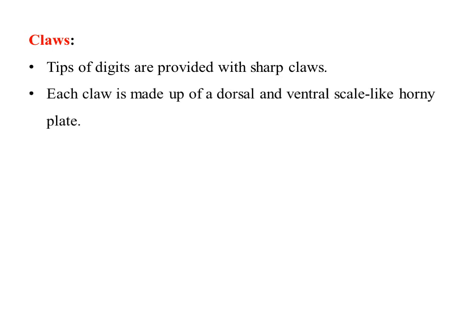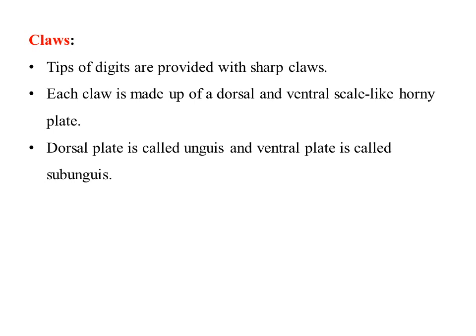And next one is the claws. The claws are present at the tip of the fingers, that is the digits of the garden lizards. The tips of the digits are provided with sharp claws, and each claw is made up of dorsal and ventral scale-like horny plates. The dorsal plate is called unguis and the ventral plate is called subunguis.